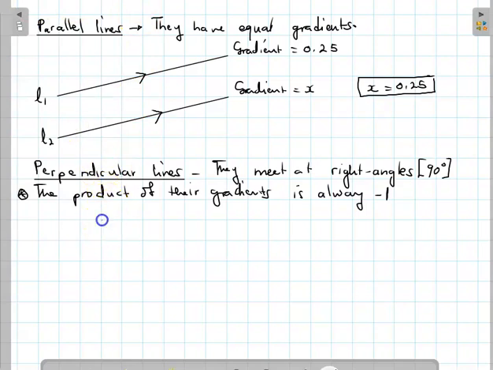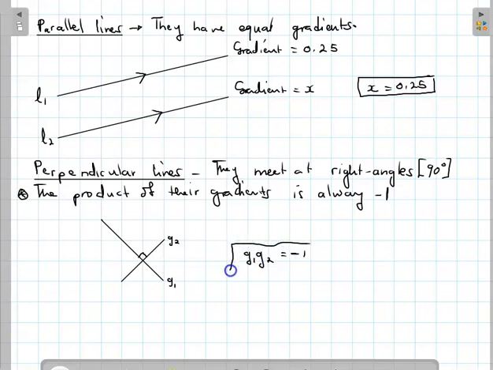So let's look at it here. I can draw this line and draw this line. So these two lines are perpendicular. This line is perpendicular to this one. So let's say here the gradient of this one is G1, the gradient of this one is G2. So what it simply means is G1, which is gradient 1 times gradient 2, is equal to -1.